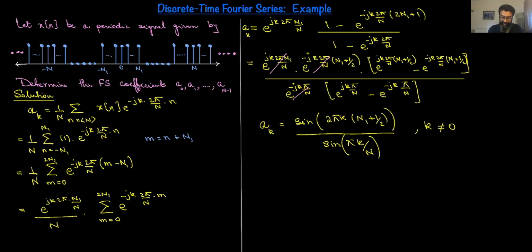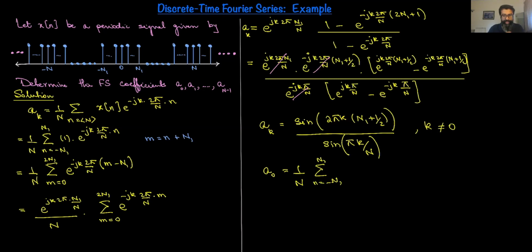And instead of applying L'Hopital's rule to determine what a_0 is, I just simply go back to the synthesis equation, and I see that a_0 is actually equal to 1 upon N, summation of n from minus n1 to plus n1.